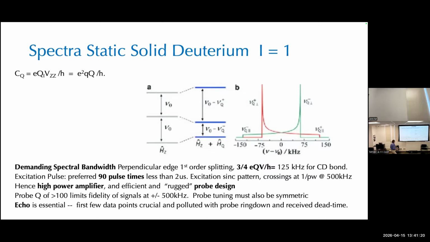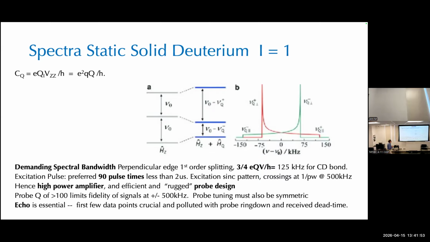And what that means is that to excite all of that, you'd like to have a 90 pulse time, 1 microsecond if possible, but definitely less than 2. And that's because of the excitation sinc pattern. So in other words, 1 over the pulse width, you want it to be 500 kilohertz or so, so that you're basically evenly exciting that full swath. For that, you need a really high power amplifier and a very rugged probe design.